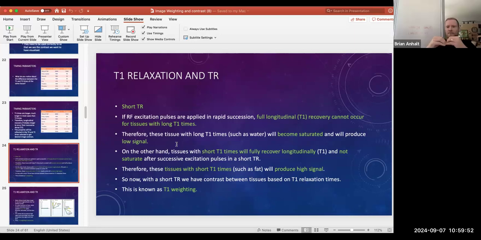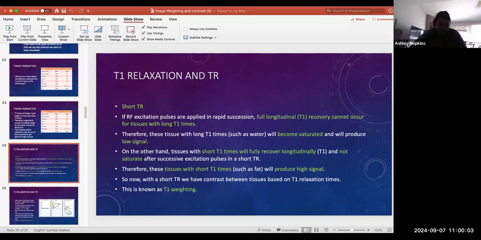A short TR means that RF excitation pulses are going to be applied in rapid succession. All that's saying is that one excitation pulse is going to be followed by another one very quickly.